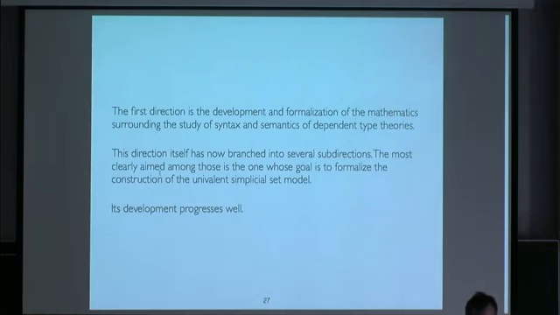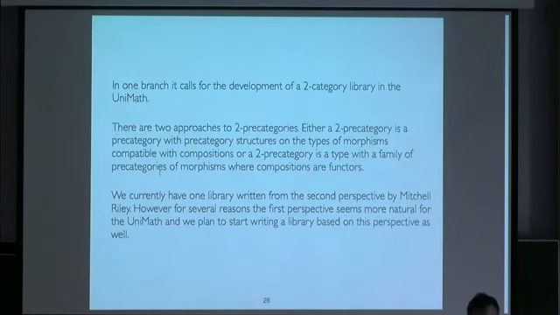The most clearly aimed among those is the one whose goal is to formalize the construction of the univalent simplicial set model, because it has a concrete goal, and its development progresses well. In one branch, it calls for the development of a two-category library in the UniMath, which we don't have. There are two approaches to two-categories.